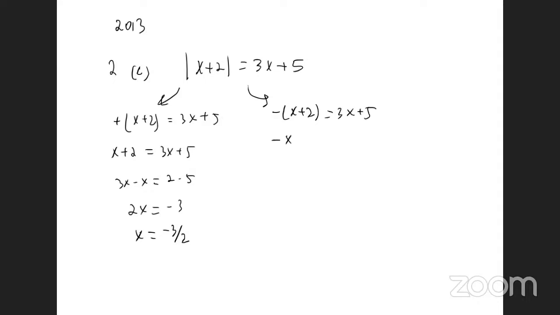So you'll get minus x minus 2 equals 3x plus 5. So minus 4x is 7. x is minus 7 over 4. That's okay?